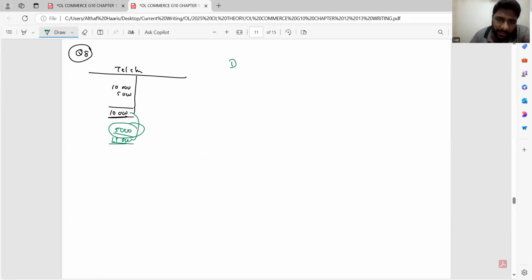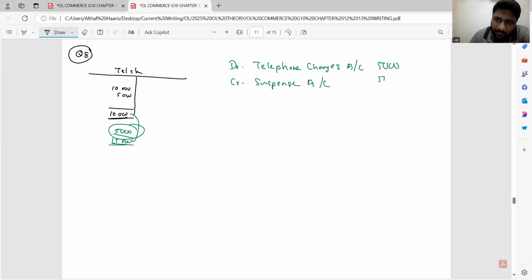Then debit the telephone charges account 5,000. Credit the suspense account 5,000. The other entry should go to the suspense.